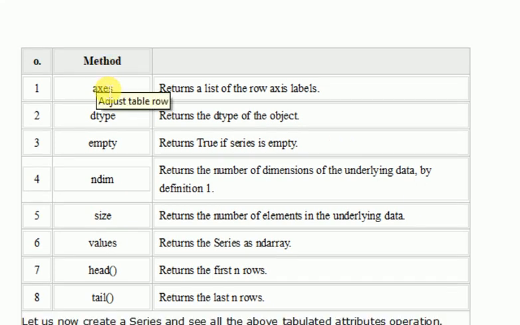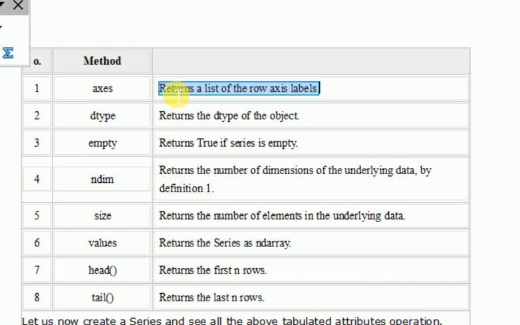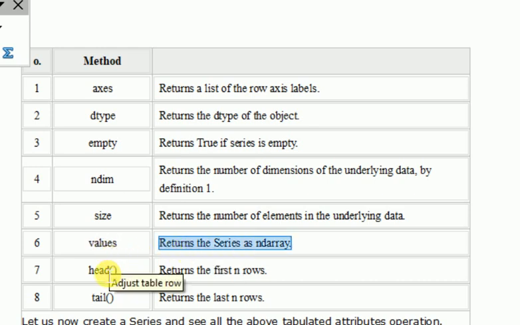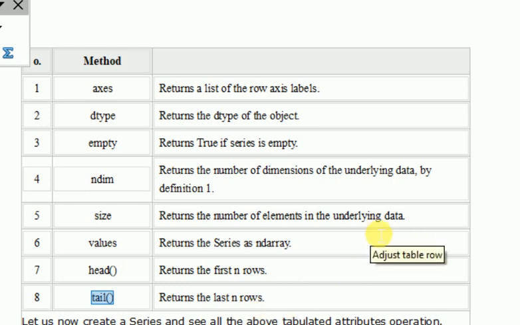Axes returns the list of the row axis labels, and dtype returns the dtype of the object. Empty returns true if the series is empty, and ndim returns the number of dimensions of the underlying data, by definition 1. Size returns the number of elements in the underlying data, and values returns the series as an ndarray. Head returns the first n rows and tail returns the last n rows.